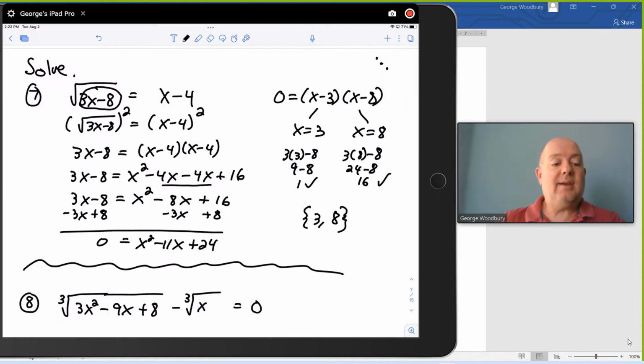Now, in the second example, because I have a cube root, there's a couple of changes. One is that we're going to raise both sides to the third power when we're able. The other is that you can take a cube root of a negative number, so we don't have to check our solutions like we did in problem 7.